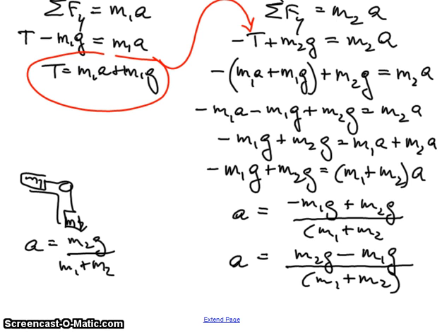You can see what's happened here. We've now included an extra term in the numerator, M1G. We're reducing the acceleration because that's acting as a counterweight to the dropping mass M2G, where it hadn't been in that first example.